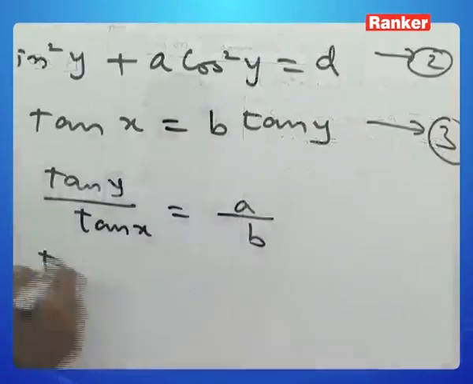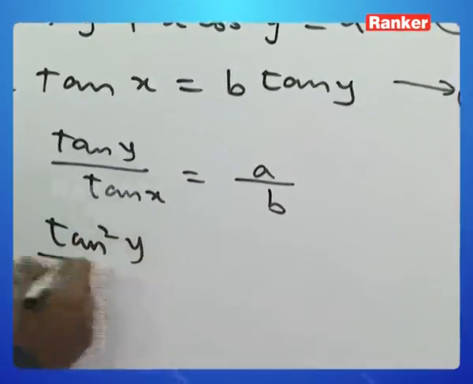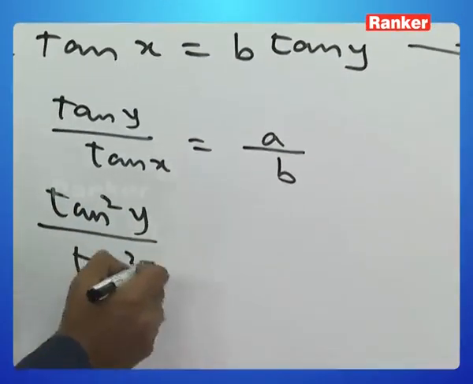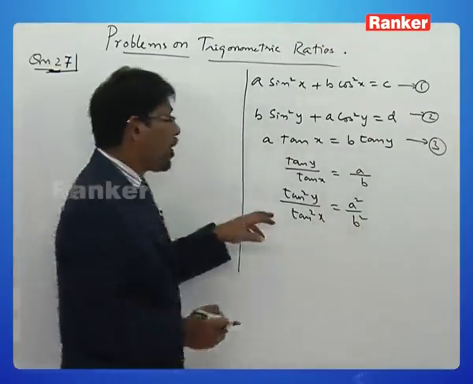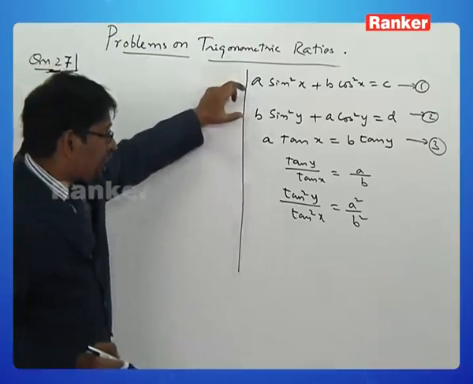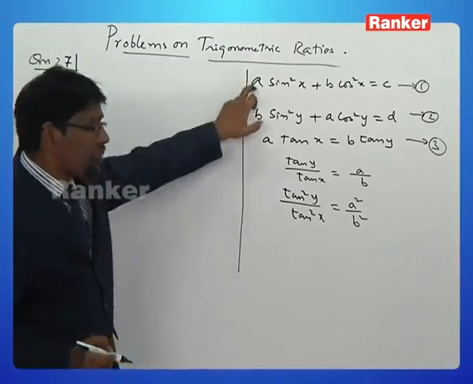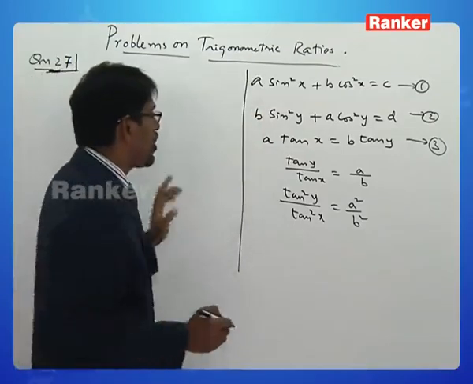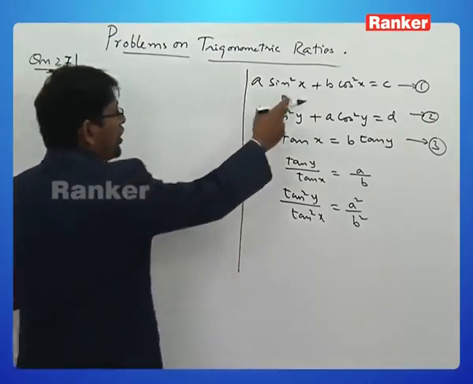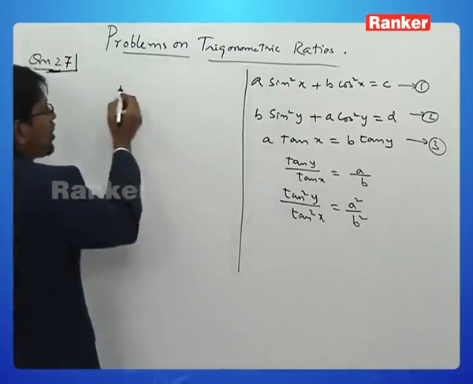So what you want is tan square y by tan square x, which is a square by b square. So somehow we must be able to get tan square y and tan square x from the first and second equations. So how do I get tan square y from the first equation? Let's see tan square x from the first equation.